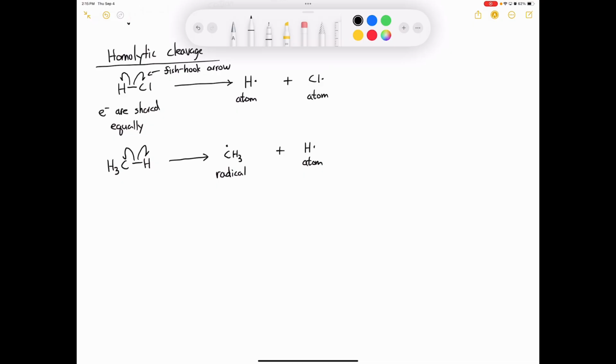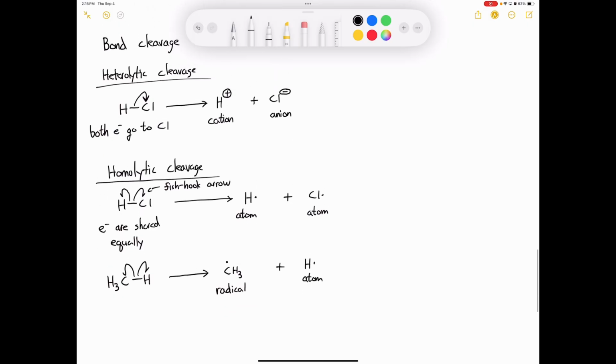So we talked about radicals. Now we have to answer the question: how easy is it to form radicals, and how do we predict the stability of radicals? We're going to talk about bond dissociation energy. But are there any questions about this notation or format? Any questions? Okay.